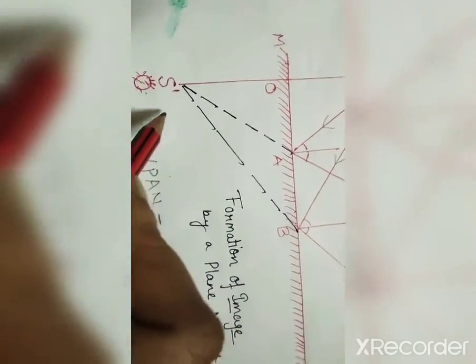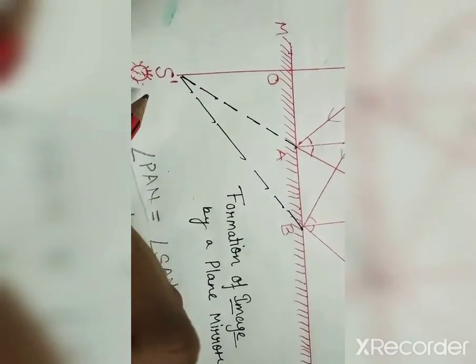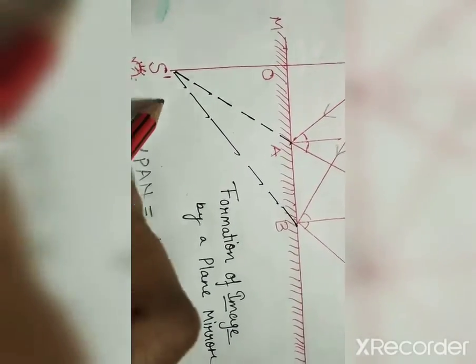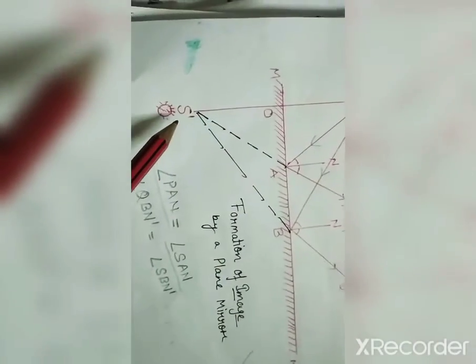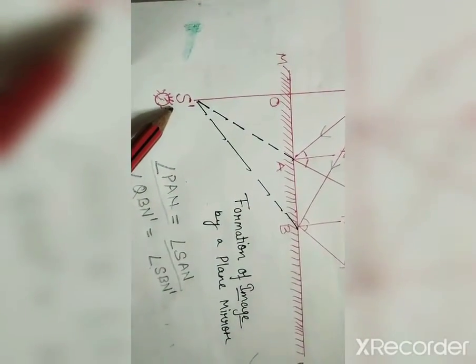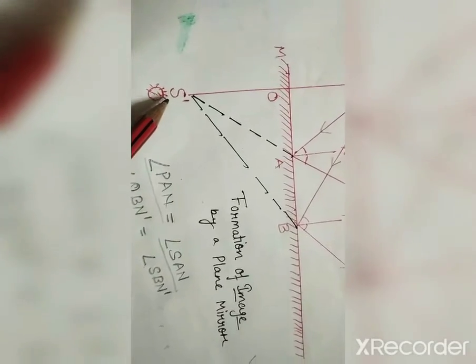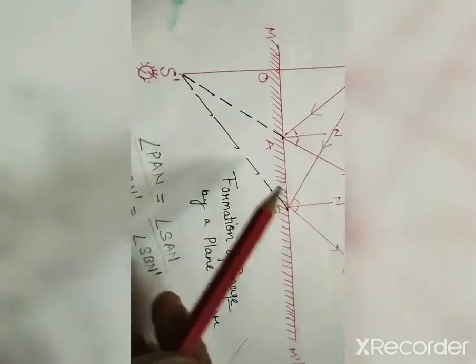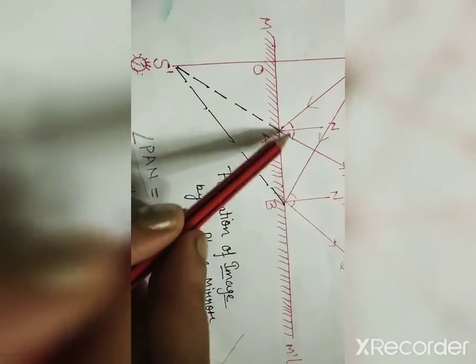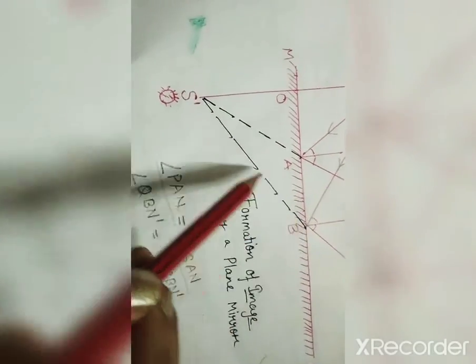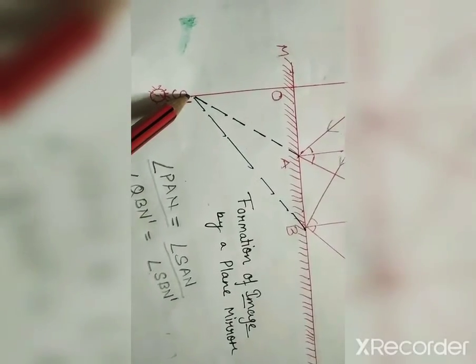Okay, this is the source. It's similar to the image of point S. The image point source S dash will be formed. Okay, this is the point where both reflected rays, when produced backward, meet up.